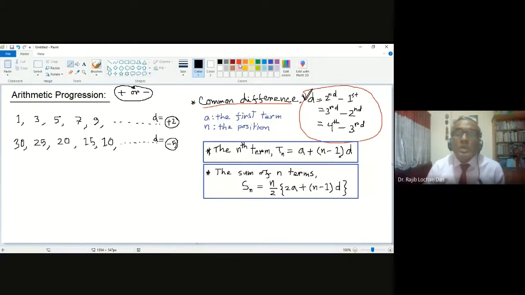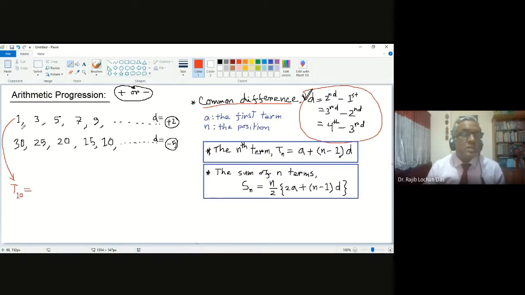So we can apply this now for the first example. Say for the first example we are using the first formula. If you write T10, what does that mean?